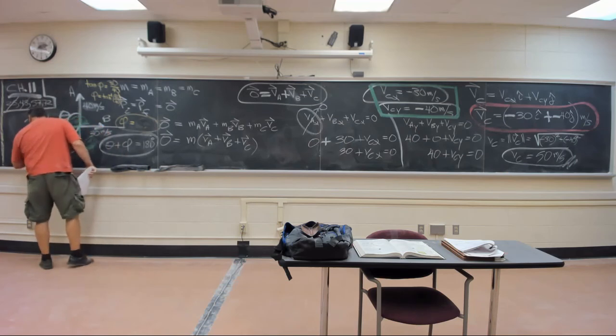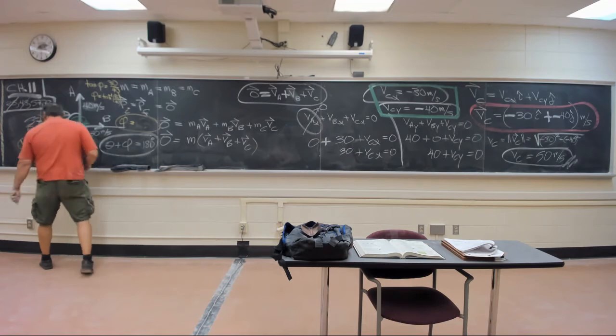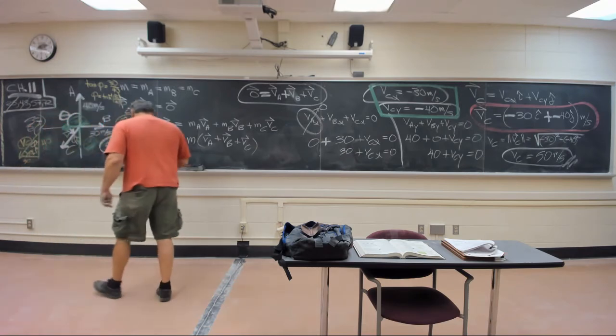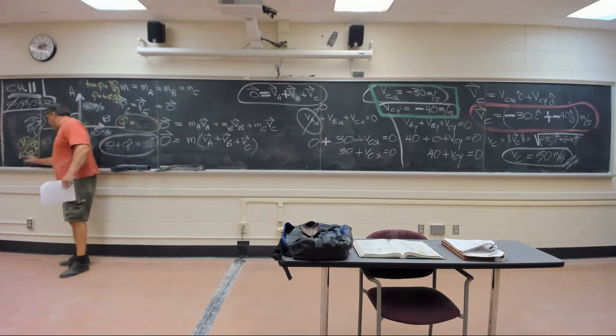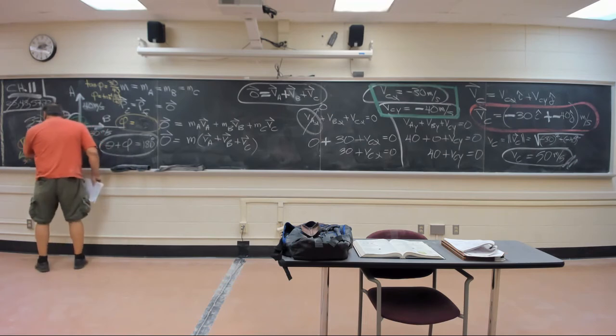That's this ratio. If you went 40 divided by 30, 1.3333, the inverse tangent of 40 divided by 30 is 53.1 degrees. That means the actual phi would be 36.9.